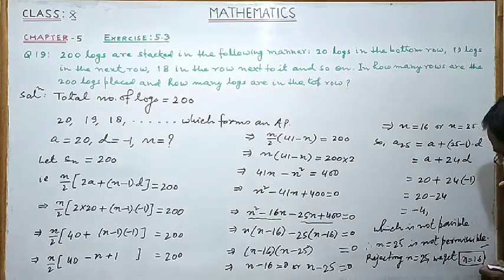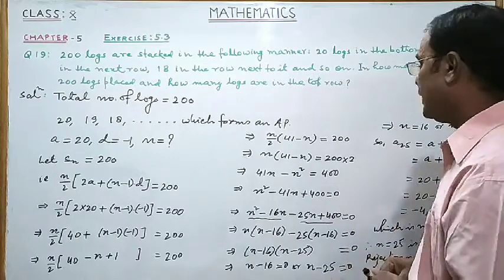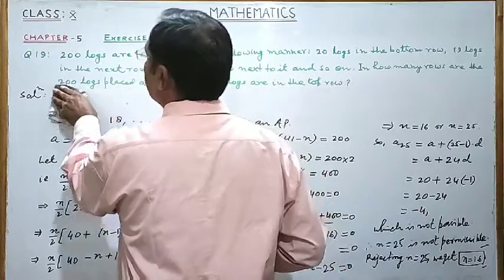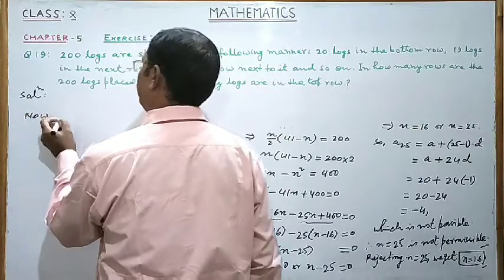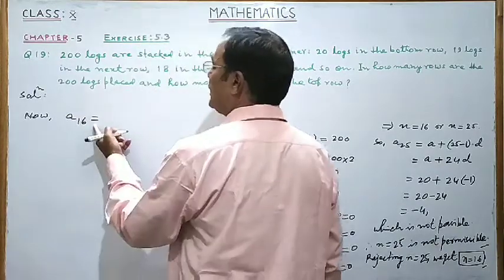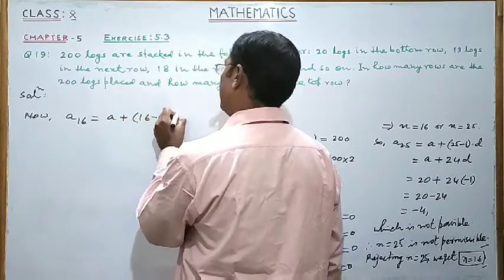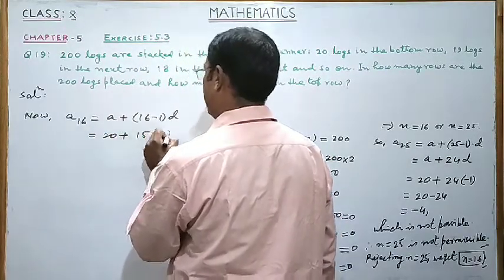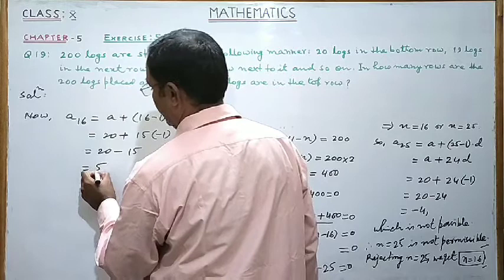Therefore, 200 logs are stacked in 16 rows. Now let us find out how many logs are there in the 16th row. A16, the number of logs in the 16th row, is a plus 16 minus 1 into d, 20 plus 15 into minus 1. 20 minus 15 equal to 5.